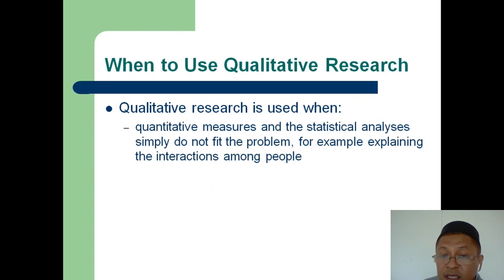So qualitative research is also used when quantitative measures and statistical analysis simply do not fit the problem. For example, explaining the interaction among people. Sometimes this context is not suitable for you to do quantitative research. Example, if you want to study aborigines, indigenous people living in the forest, in the woods, some of them are illiterate sometimes. I'm not saying all. Nowadays some of them are already attending schools, even universities.